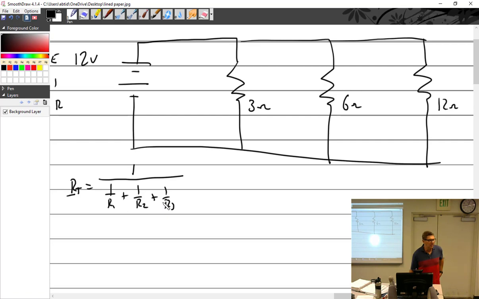Now, the calculator I used to use had a 1 over X key, and that represented this 1 over right there. So I would hit 3 and then the 1 over x key, which tells me that that 3 goes down here. But this blue calculator doesn't have that button. It has a different button, which means the same thing, and that's x minus 1.